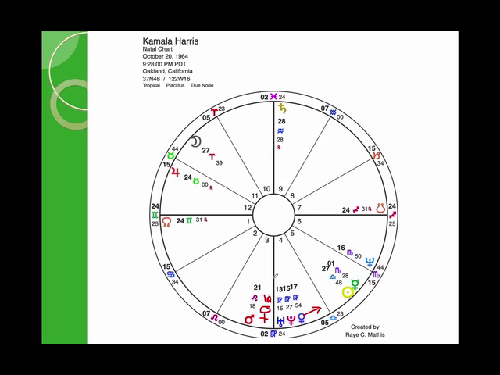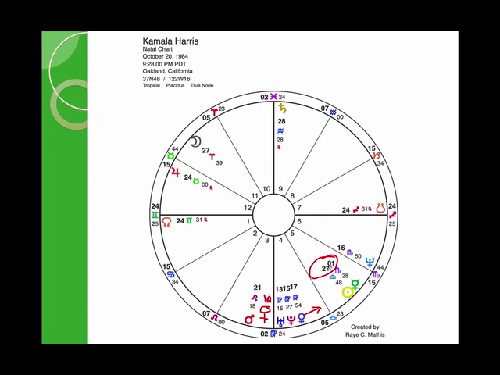Now, if we think about the second possibility of conjunctions, where one planet is in the later degrees of a sign and another planet's in the earlier degrees, we take a look, and sure enough, look at this. She has one of those. Her sun is 27 degrees Libra, and her Mercury is 1 degree Scorpio.